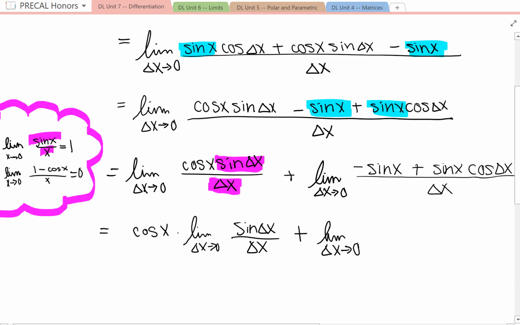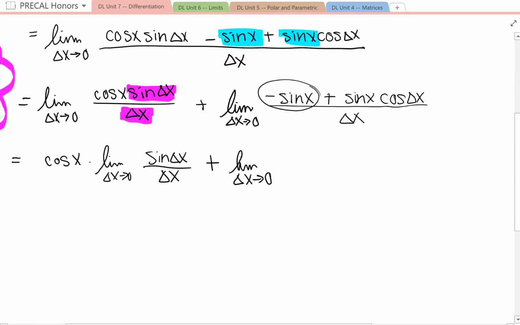If we factor out a negative sine x, I believe what remains will look similar to this special trig form. So let's try that out. Negative sine x times 1 minus cosine delta x all over delta x.